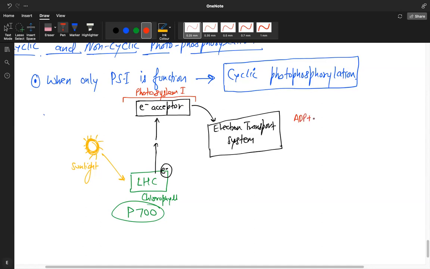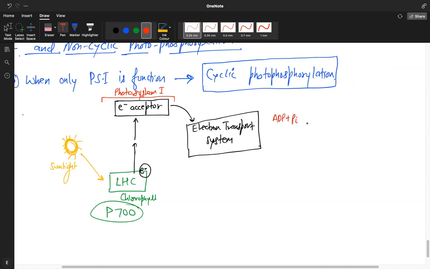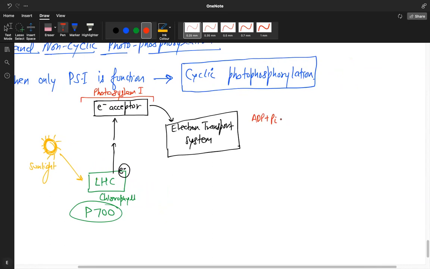ADP plus Pi comes, and what leaves? ATP, correct? So we have formed ATP on these two systems.